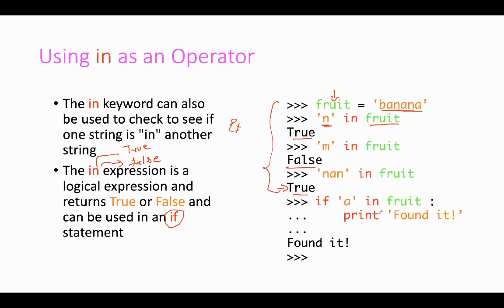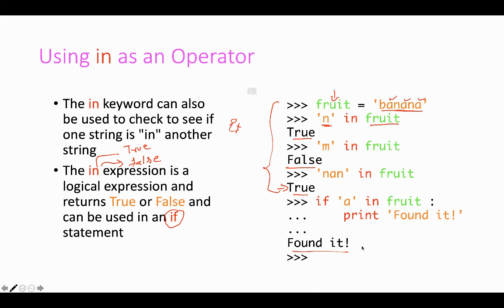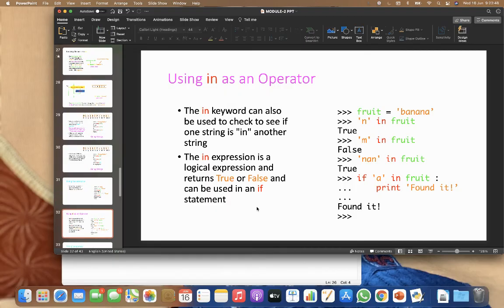A appears 1, 2, 3, so three times in banana. That's why it will print found it. So this is how the in operator can be used. I hope you have understood today's class, and I hope you are also going to try this. Thank you for listening.